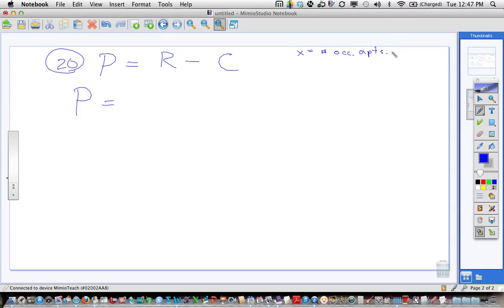Okay? Now, if we're full, we can charge $540 rent, right? But for every unoccupied apartment, what's the rent? Goes up $30. That's actually in reverse. Every time the rent goes up $30, one is unoccupied. In other words, the higher we make the rent, people may live somewhere else.